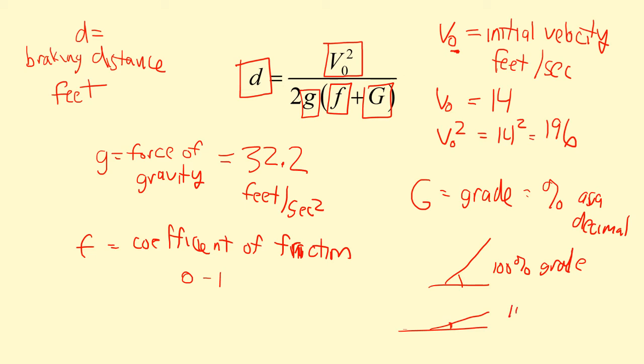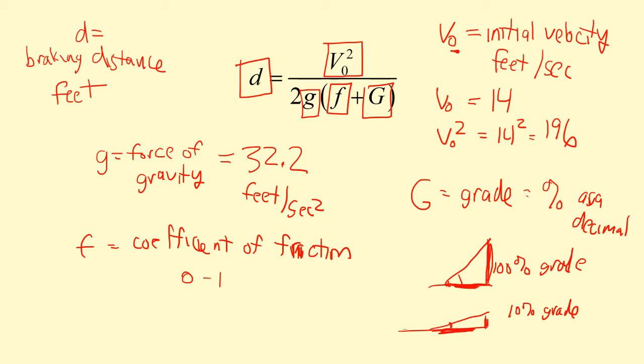It might be a 10% grade. And that is based on finding two points on the hill and comparing the vertical and the horizontal values. So this is 100% because this vertical value is 100% of the horizontal value. This is 10% because this vertical value is 10% of this horizontal value. So that's just a curiosity.